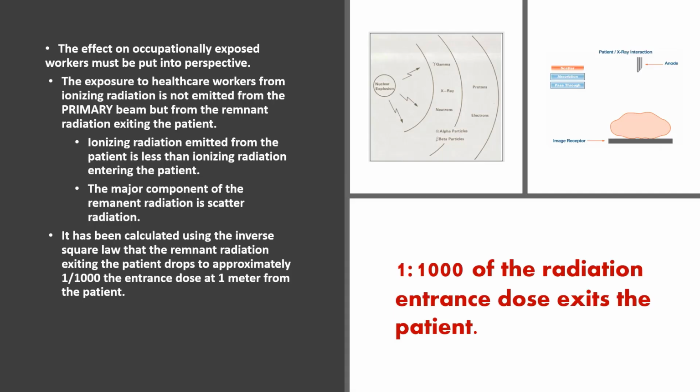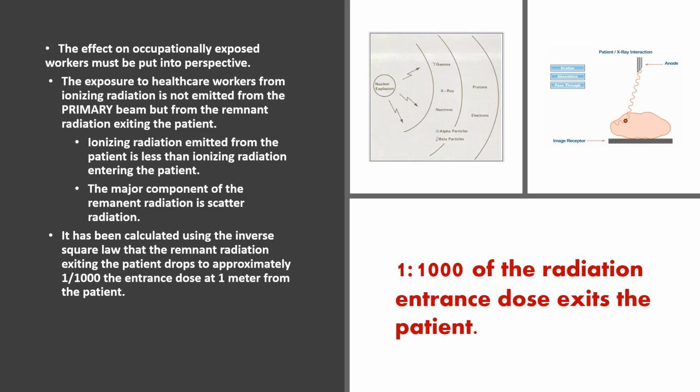The amount of ionizing radiation that an occupationally exposed worker is exposed to needs to be put in perspective. The exposure to the healthcare workers from ionizing radiation is not emitted from the primary beam, but from the remnant radiation emitted from the patient.